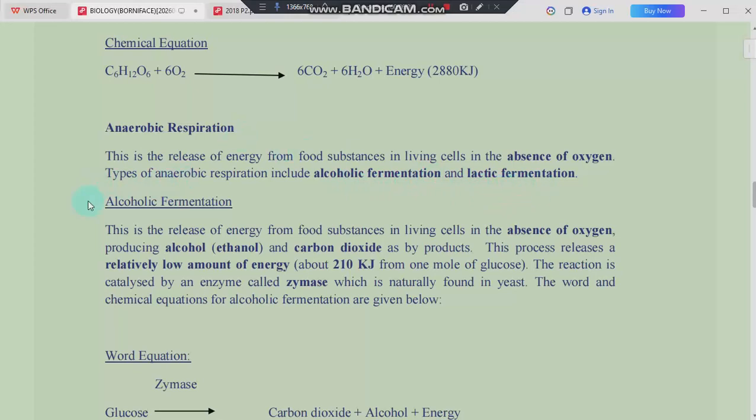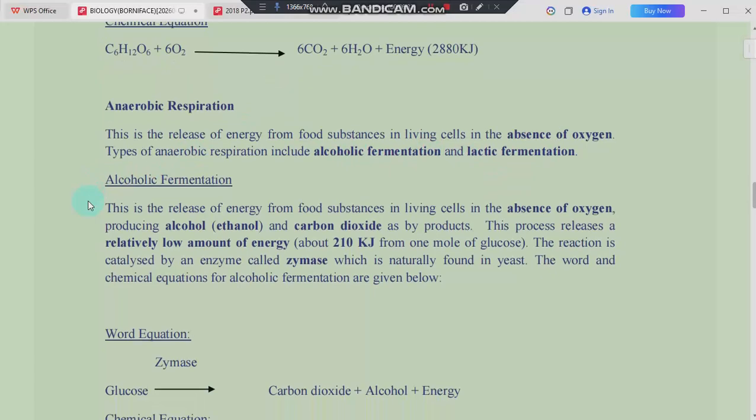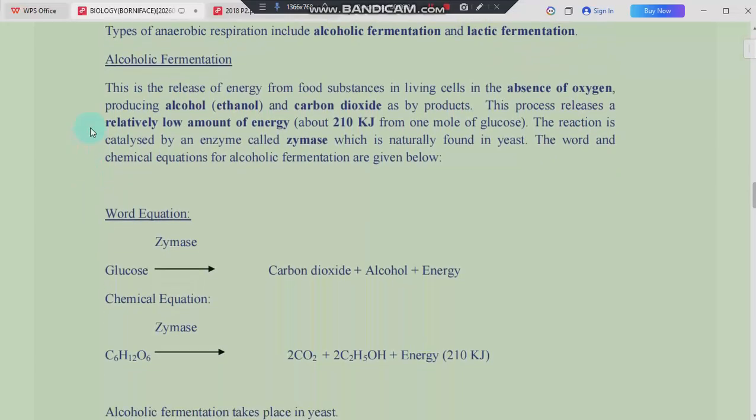So moving on, in alcoholic fermentation, this is simply the release of energy from food substances in living cells in the absence of oxygen. So this is going to help produce ethanol, which is an alcohol, as well as carbon dioxide as byproducts.